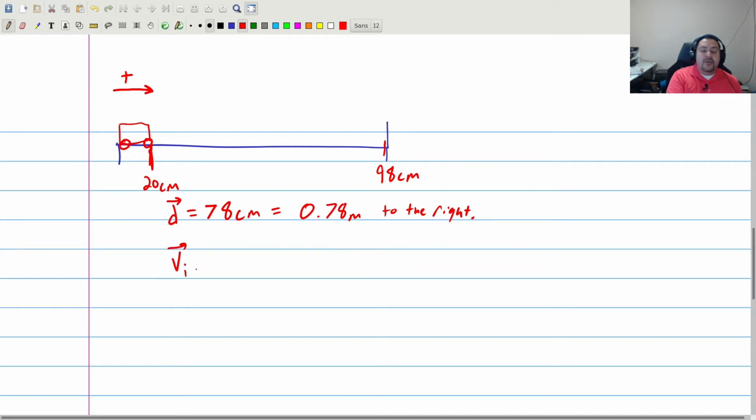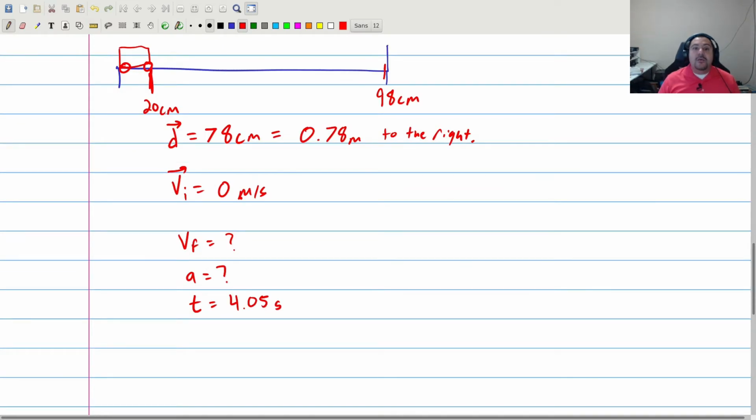V initial was 0 meters per second because we started it from a stop. We don't know what V final is. We don't know the acceleration, but we do know the time. The time was equal to 4.05 seconds.